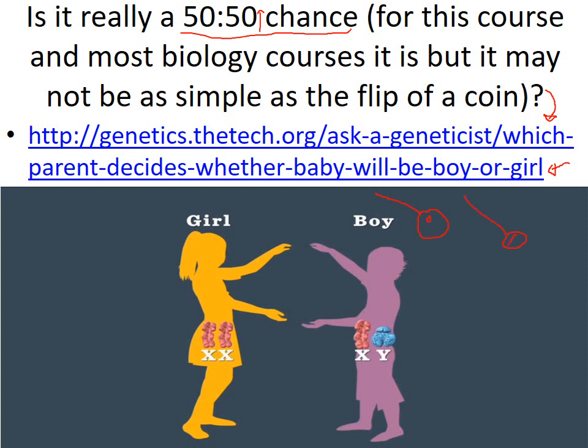And because the Y chromosome is smaller than the X chromosome, these sperm are just faster and reach the egg a little bit faster, and therefore they fertilize more eggs. That's just one going hypothesis behind the whole process, but there's more discussed in this article if you're interested in finding out more. For the purpose of the course, though, we'll just assume that it's roughly 50-50 chance.